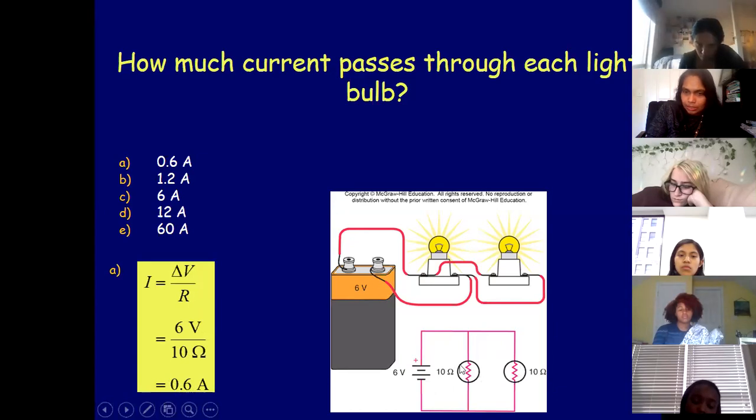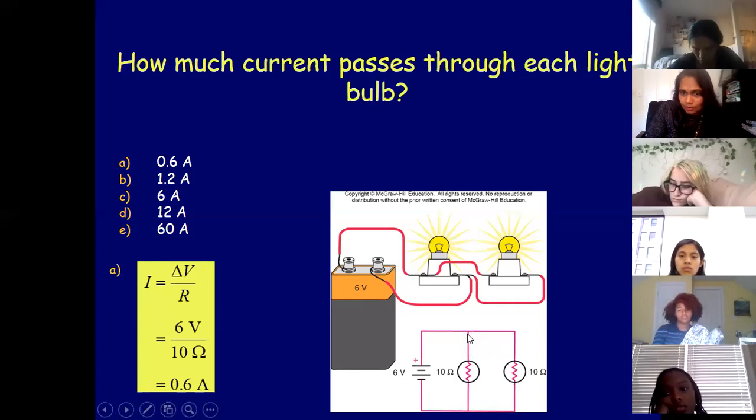So in each, if you think about the current that goes through each resistor, it will be 0.6 amps. Then what is the total current drawn from the battery? This 0.6 amps goes through the first resistor and also 0.6 amps goes through the 10 ohm resistor, the second one.